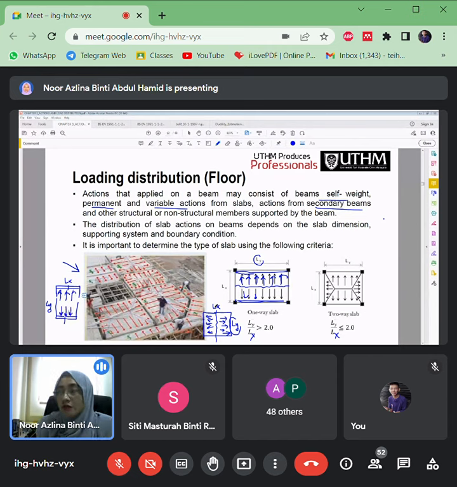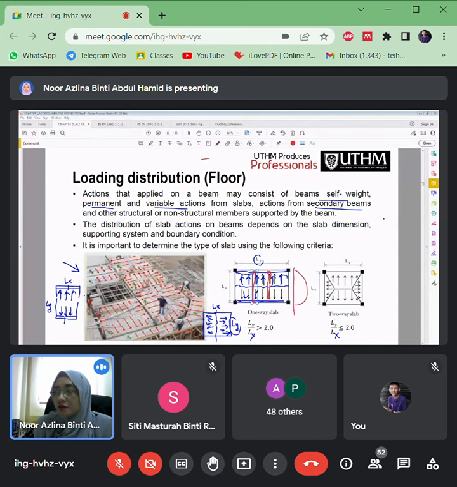Because the reinforcements will be arranged from beam to beam. The main bar will be arranged from beam to beam. If you can imagine, that's why we arrange these kinds of directions, because of the bending here.